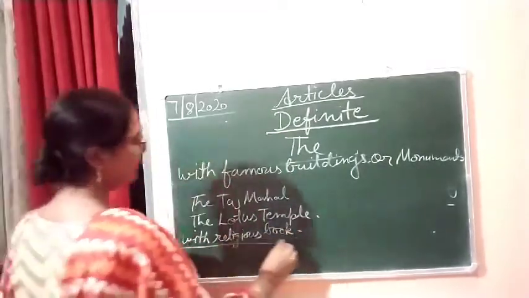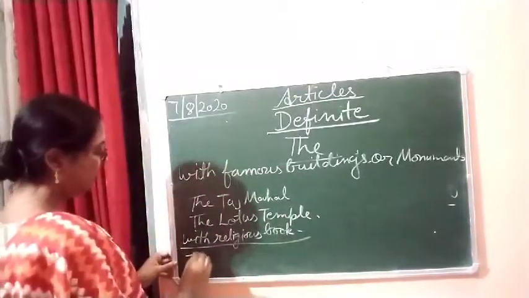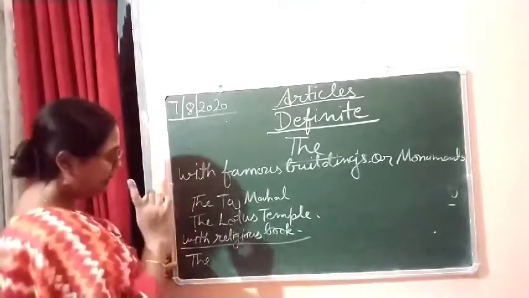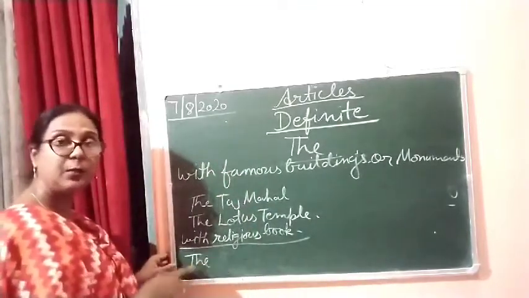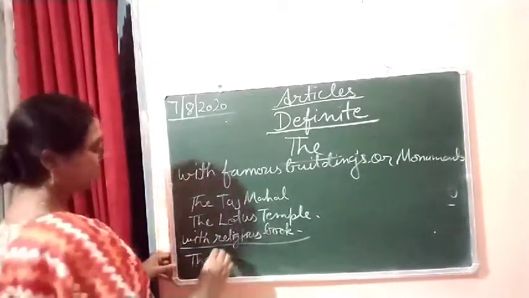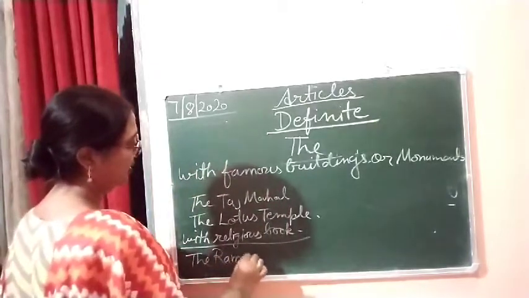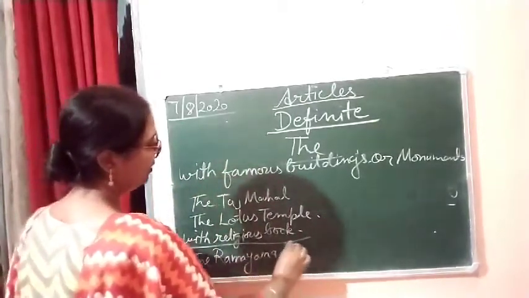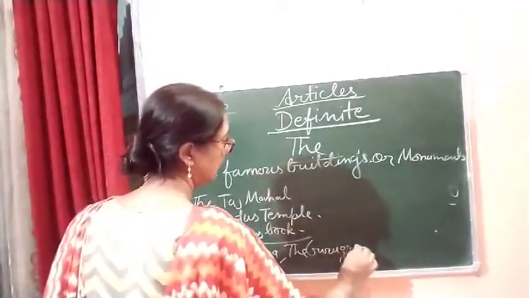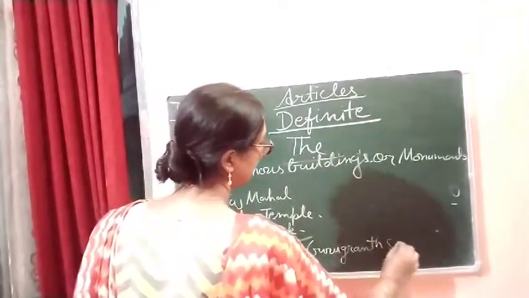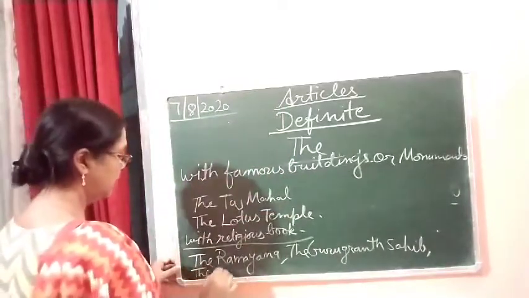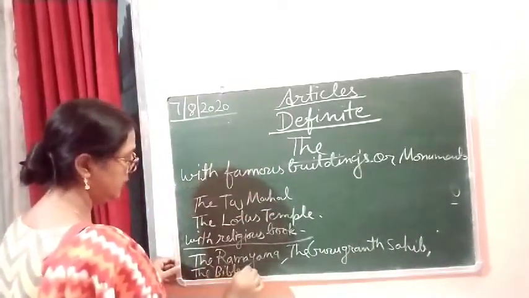If we are talking about famous books or epics, then before the name of the epic or religious book we use the: the Ramayana, the Guru Granth Sahib, the Bible, and so on.